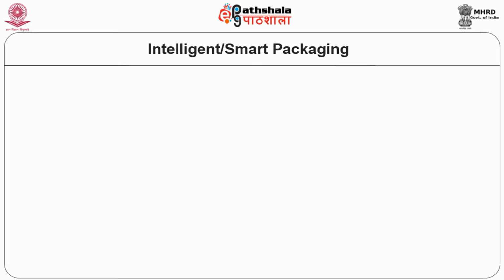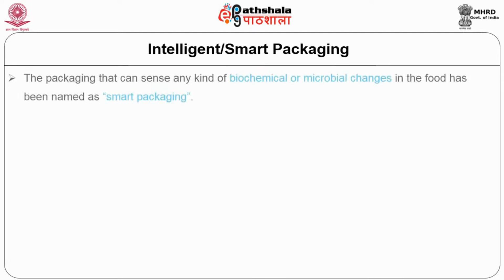First type of nano packaging is intelligent or smart packaging. The packaging that can sense any kind of biochemical or microbial changes in the food has been named as smart packaging.